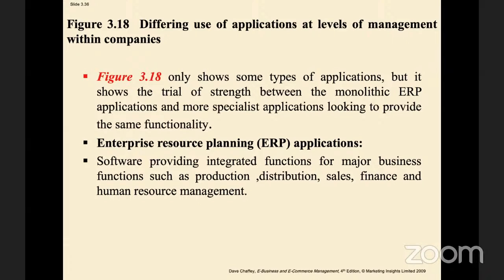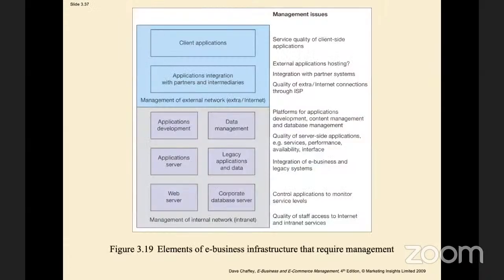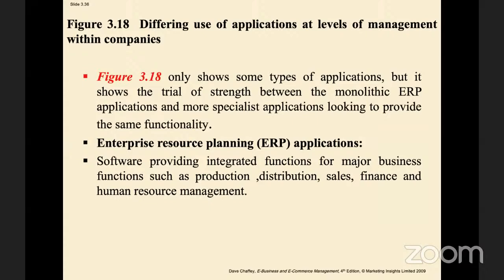Number two, enterprise resource planning ERP applications, software providing integrated functions for major business functions such as production, distribution, sales, finance, and human resource management. These are all the departments of a business that are being managed by those resource planning applications. So every department has its own importance for the organizational success.